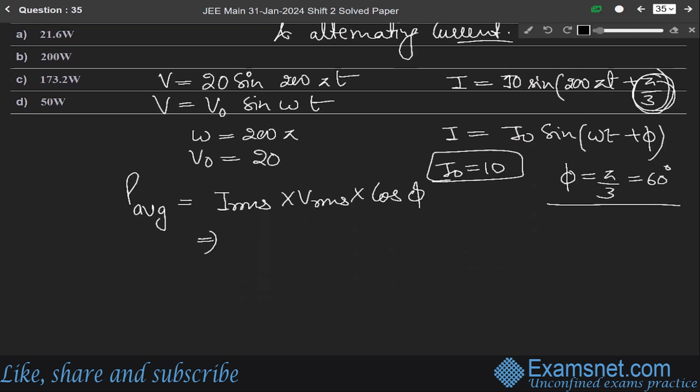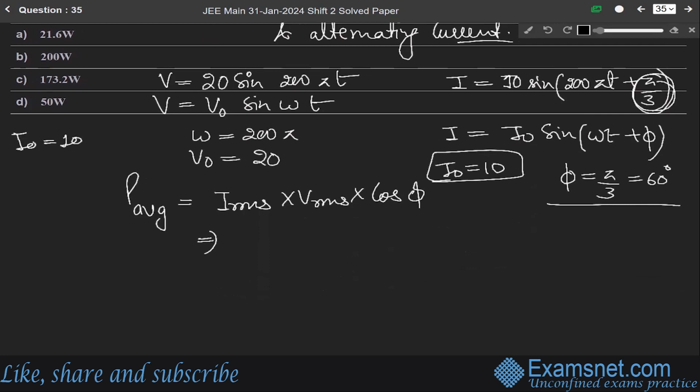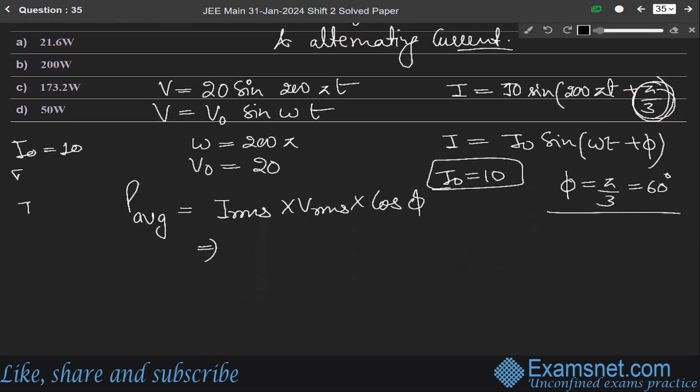Since I naught is 10, I RMS will be equal to I naught by root 2, which is 10 by root 2. V naught is given as 20, so V RMS will be 20 by root 2.